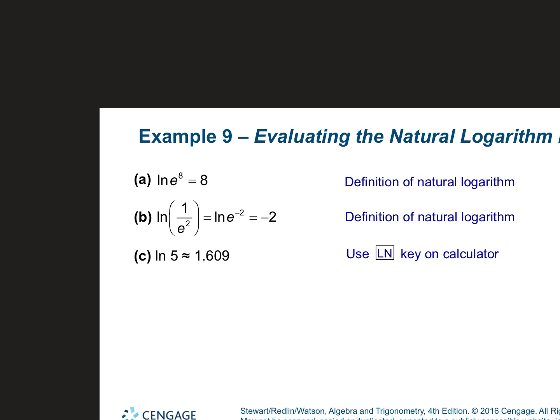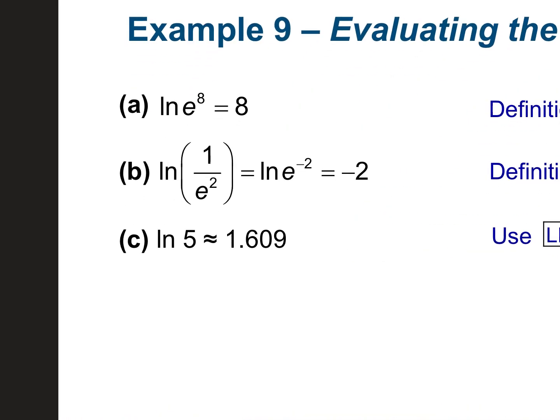Sometimes you have to use your calculator, like you absolutely have to in C, but sometimes you don't. Look at A. What do you notice about ln and e? Those are what of each other? They're inverses. They're opposites, so they'll cross out, and that's why you get 8 equals 8. What did they do in this step to get to this step? Look at B. What did they do?